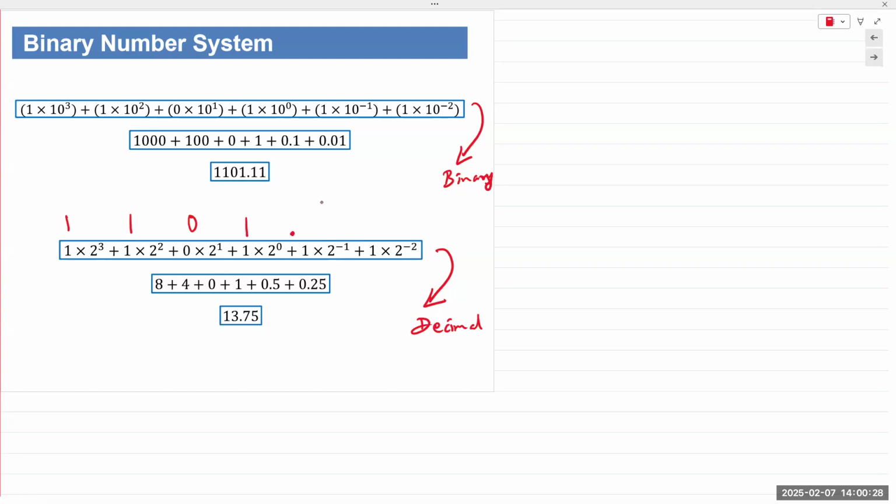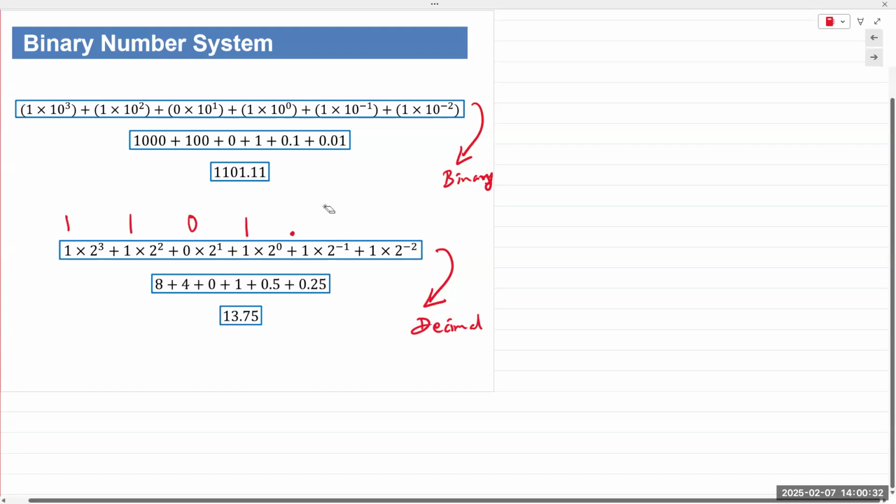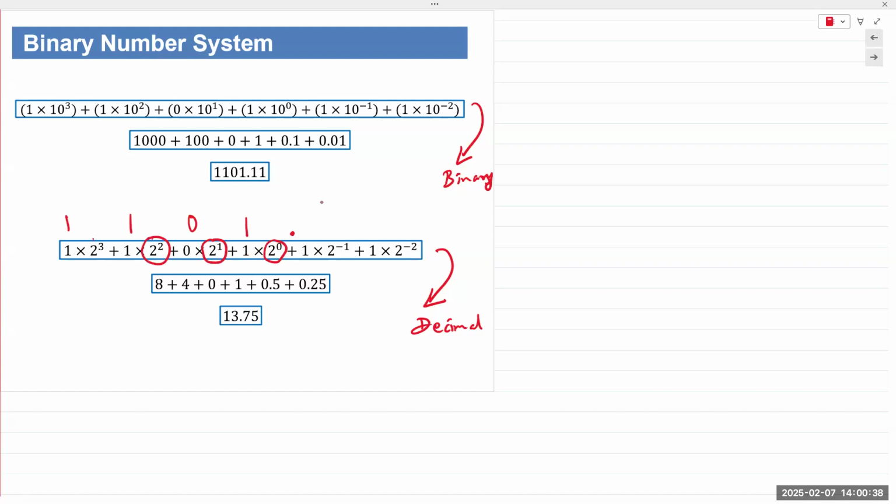So we start with the least significant bit, which is right here. 1 into 2 raised to 0, 0 into 2 raised to 1, 1 into 2 raised to 2, and then 1 into 2 raised to 3. That gives us 8, 4, 0, and 1. You add it up, you get 13.